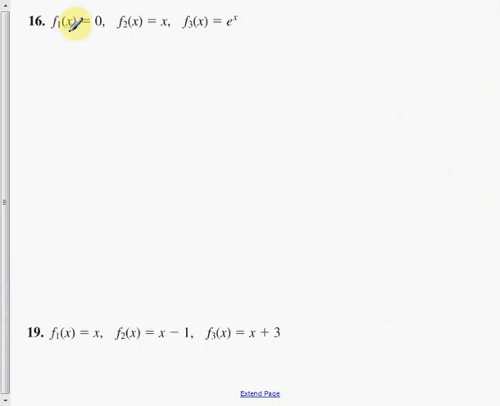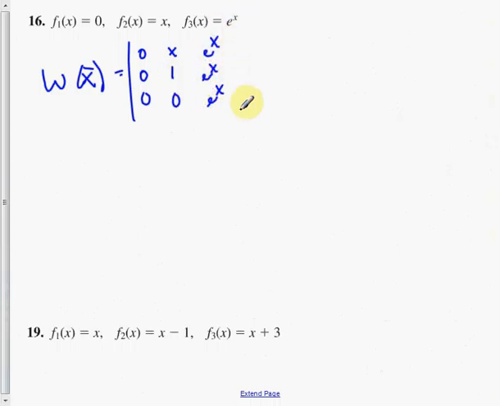Now look at this one. Now here, I will use the Wronskian. What's this determinant?